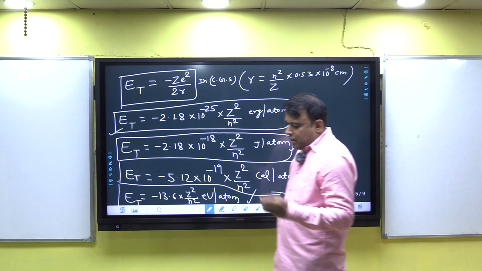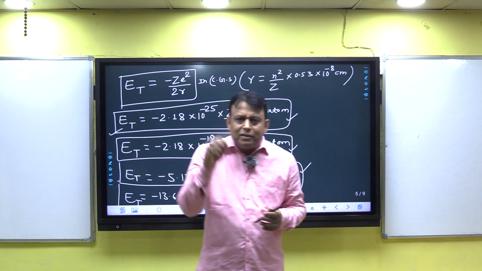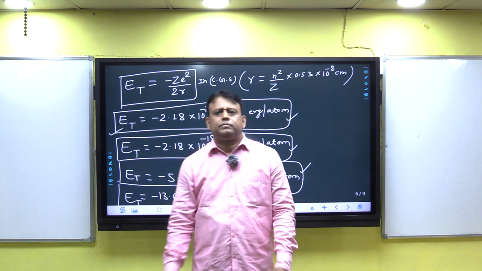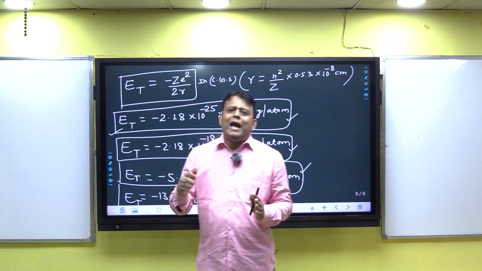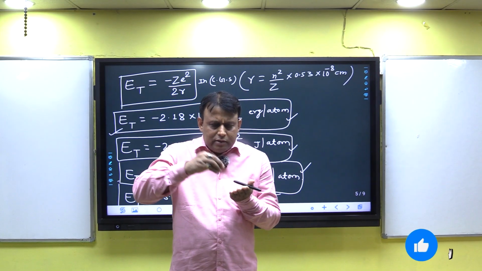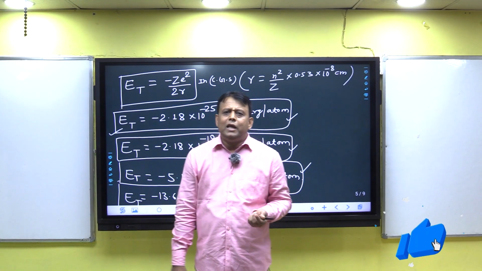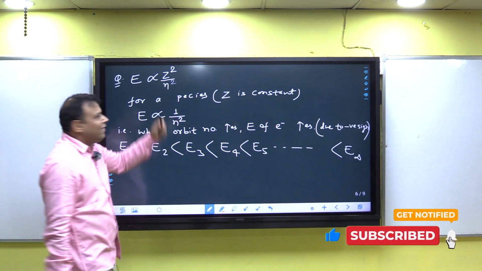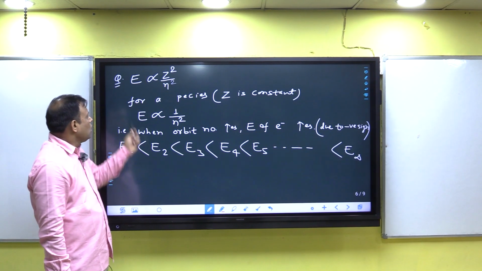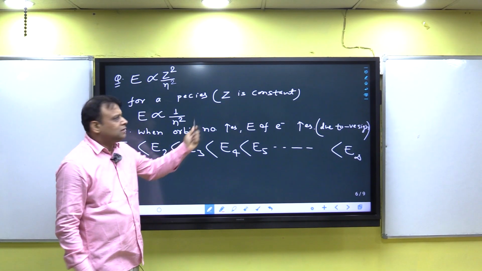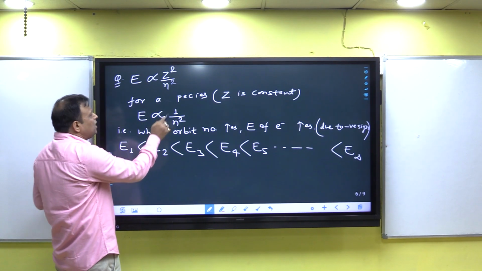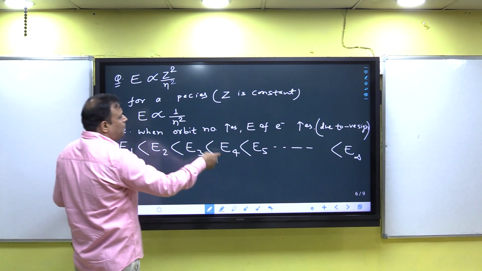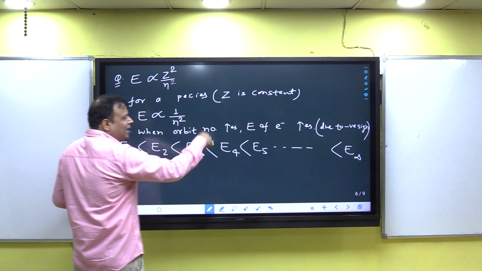Now, I will calculate the energy of the electron in the first 4 orbits of the hydrogen atom, then I will analyze the change of energy of the electron in an atomic orbit. Energy is proportional to Z² by n² for a species, that means Z is constant. When the orbit number increases, energy increases.